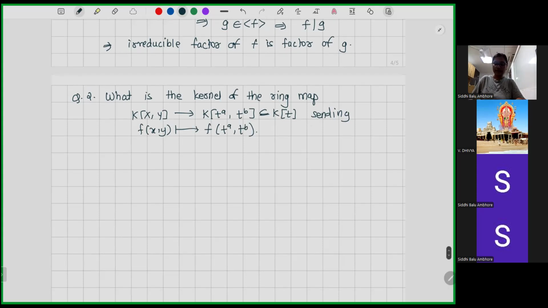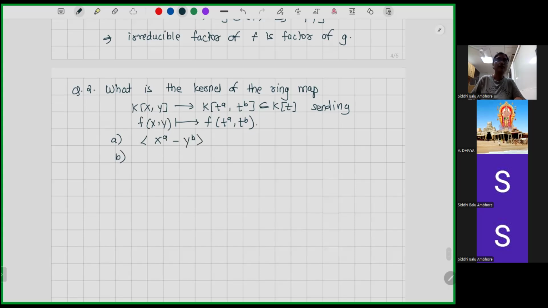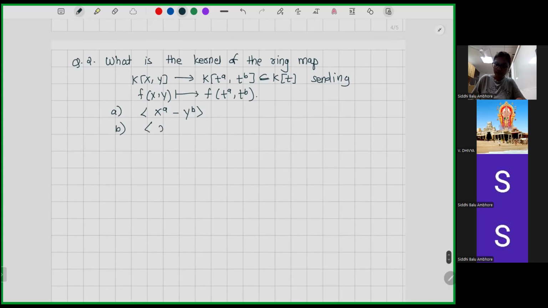And these are our options. They are saying the kernel is: first, x^a minus y^b. Second is x^b minus y^a.